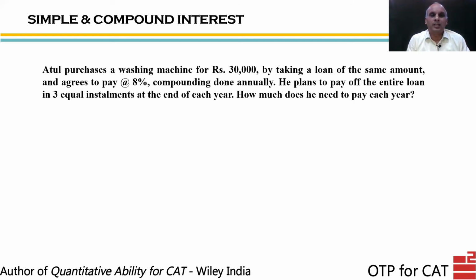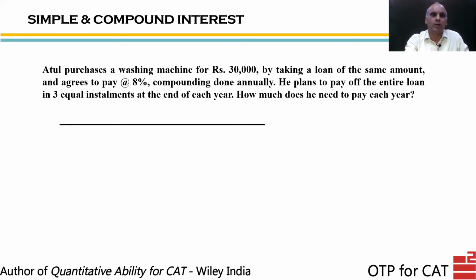So first installment he'll pay at the end of first year from today, second installment at the end of 2 years from today, and so on. So how much does he need to pay each year? Do not think the EMI or installment will be 30,000 divided by 3, that is 10,000 rupees. Because if that is the case, what happens to rate of interest being charged? You have to also incorporate the idea of rate of interest being charged.